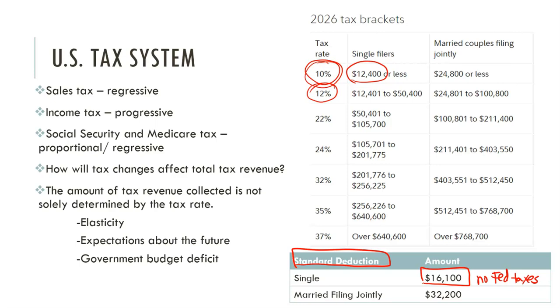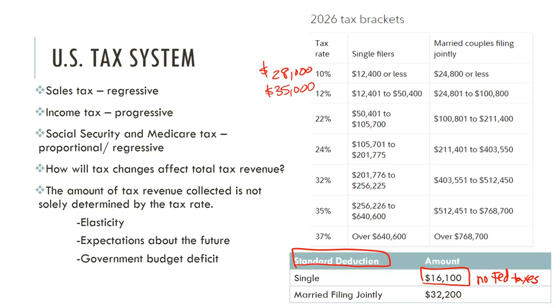So let's say you get a raise at work. You were making $12,000, well, plus 16, so you were making $28,000 a year, and you get a raise to $35,000. And you're like, oh no, that bumps me into a higher tax bracket. I'm going to be paying more. I'm going to earn less money than I did before. You actually aren't.